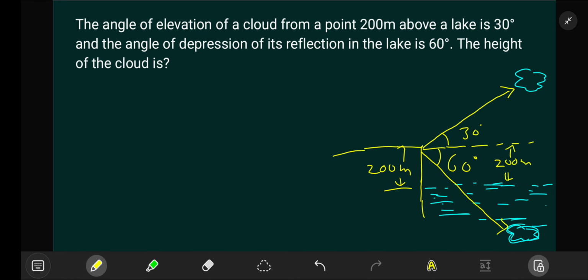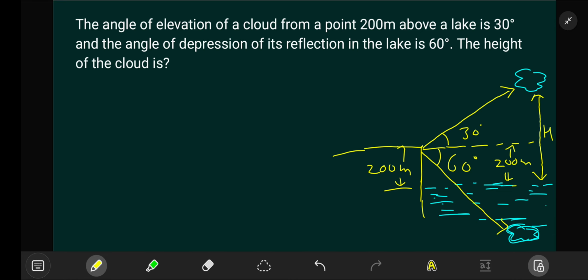Let the total height from the surface of the water to the cloud be h meters.